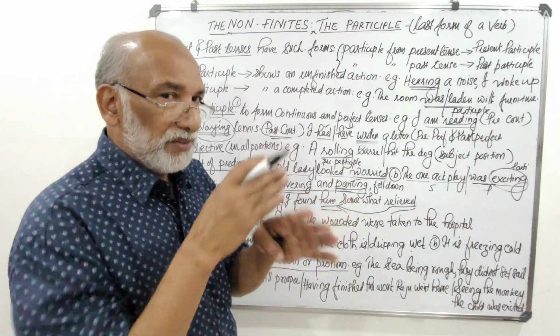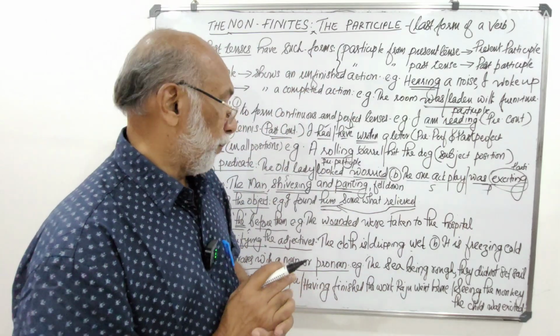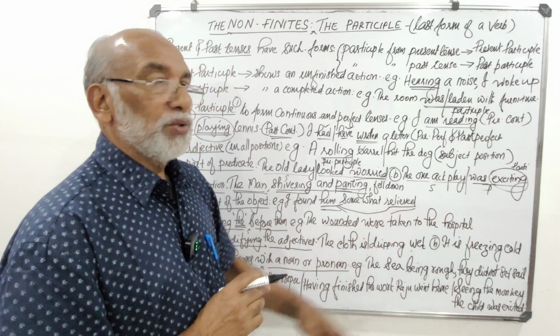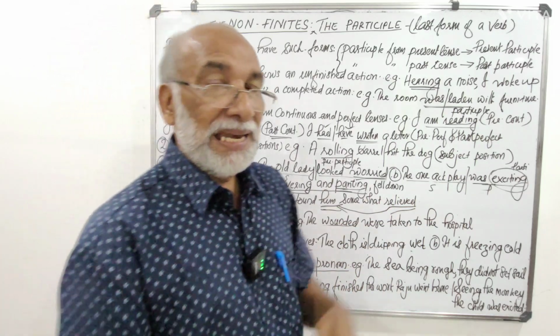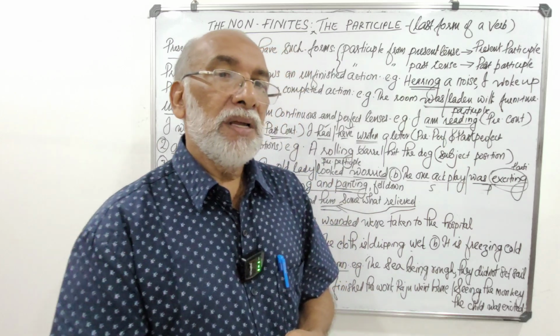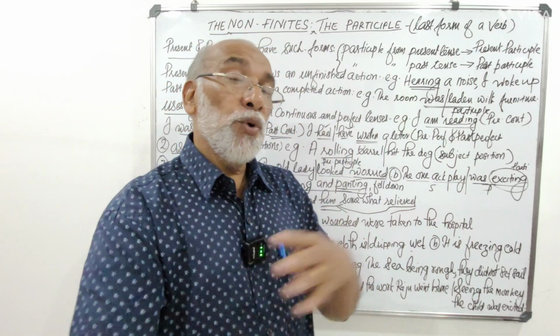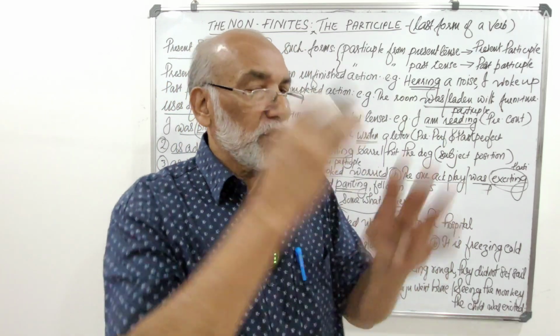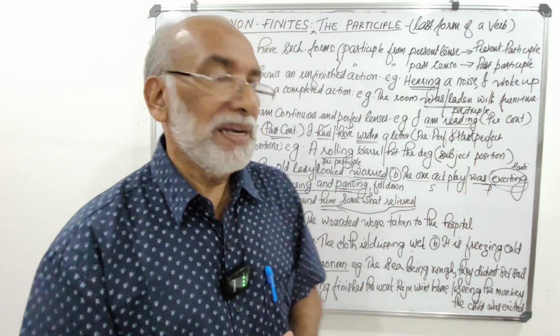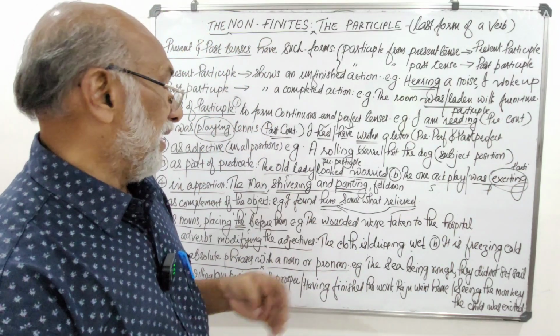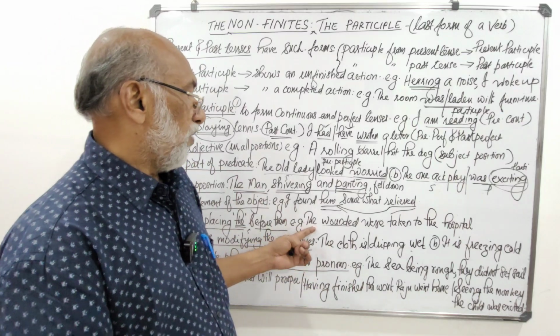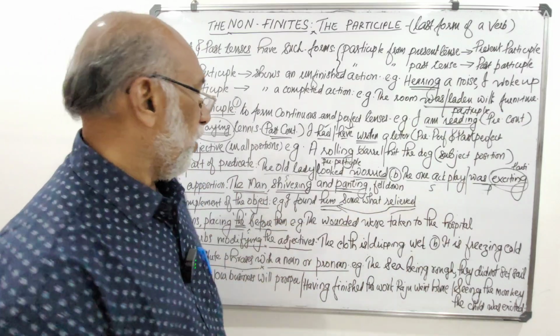Very often it refers to the entire group. The wounded were taken to the hospital. The sick means all the sick people. The lame means all the lame people. The poor means the poor and the downtrodden. That means all the poor and downtrodden people in the world. The illiterate. Then it becomes a noun. The wounded were taken to the hospital.